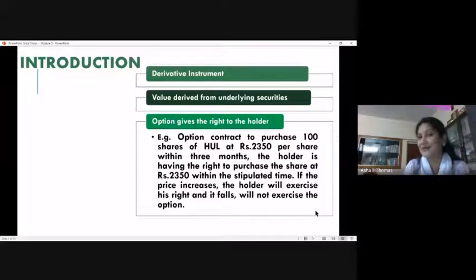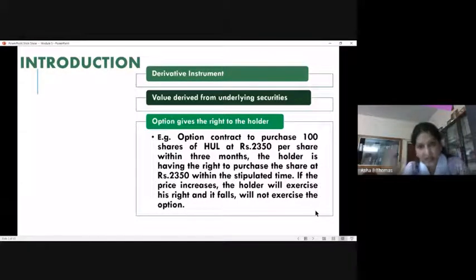He's getting an asset which is valued more at a lesser price. So he's making a profit. If he wants, he can immediately sell that asset in the market at 2,450 and gain a profit of 100 per share for 100 shares. That's the charm of the derivative market.